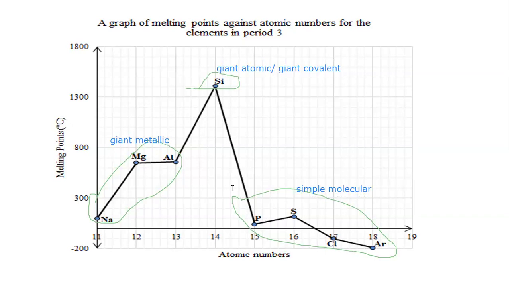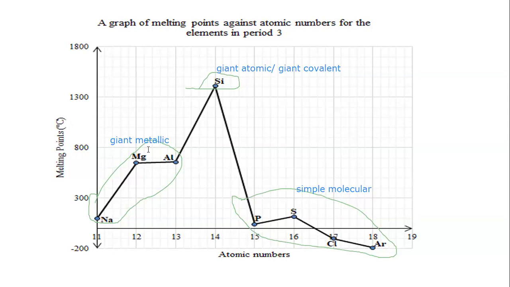So we say that sodium, magnesium, aluminium are metals with giant metallic structure. Now you describe how the giant metallic structure is arranged. You say, in which atoms are held by strong metallic bonds.